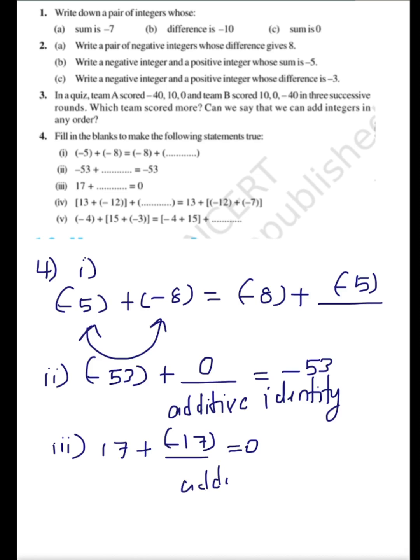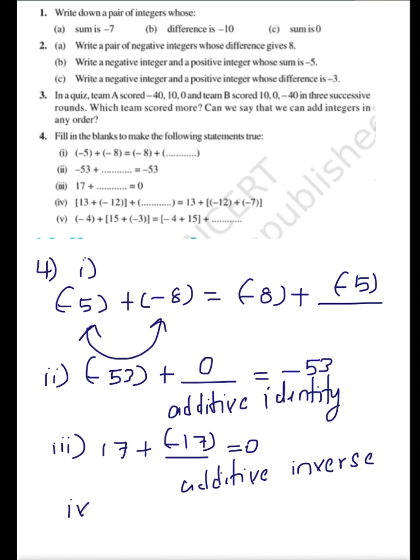If you add a number to its additive inverse, that is, the number with the sign changed, you get 0. Similarly, 2 plus minus 2 equals 0. So here the answer is minus 17.